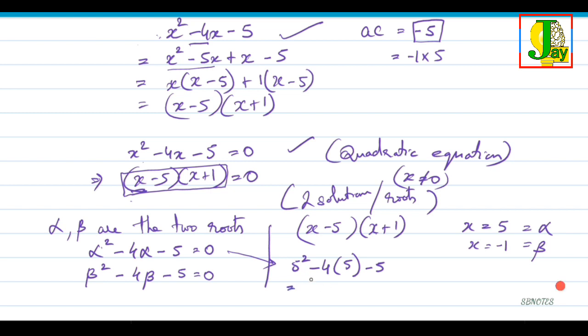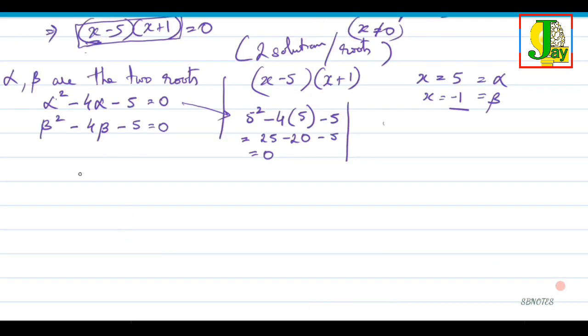So that's 25 minus 20 minus 5, so that's 0. Now you understood, if you put the values of the roots in the given equation, you will always get the expression as 0. And if you put the other value also, like say beta minus 1, if you put minus 1, you are going to get 0 again.